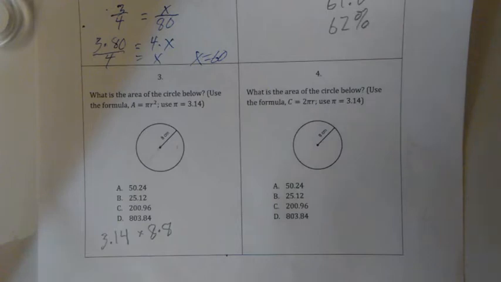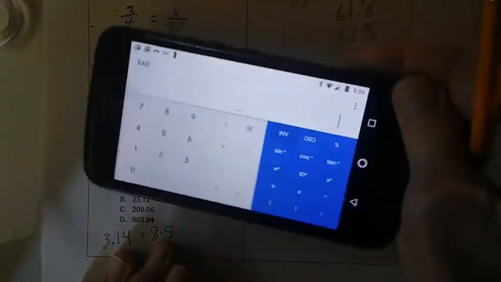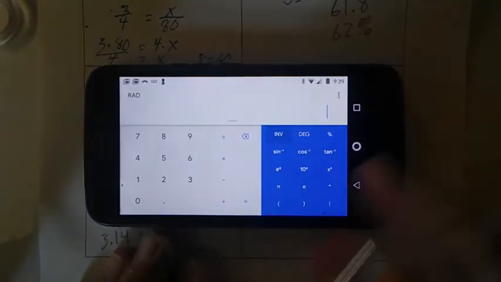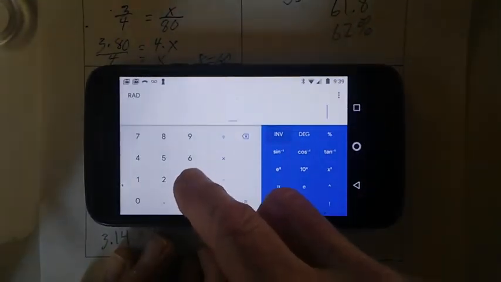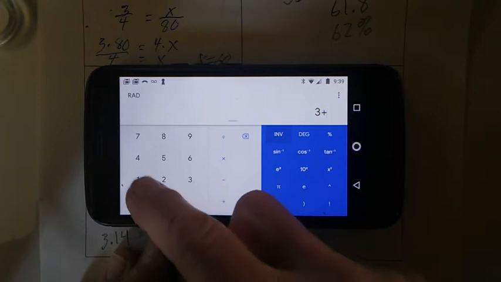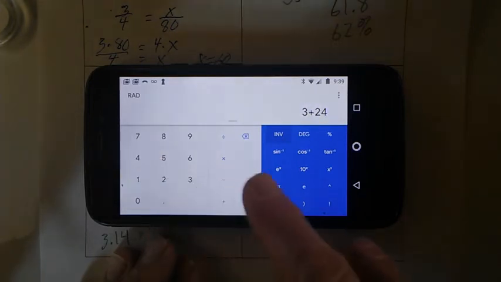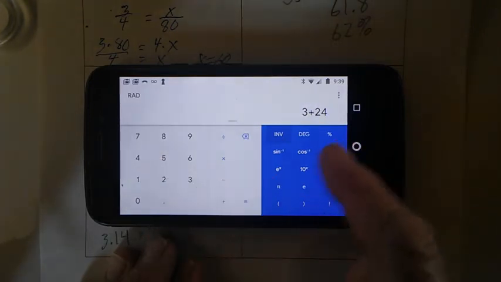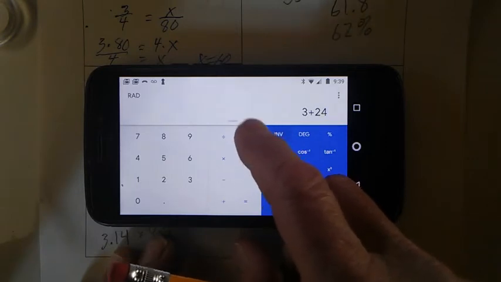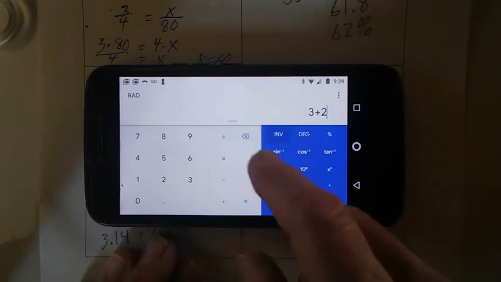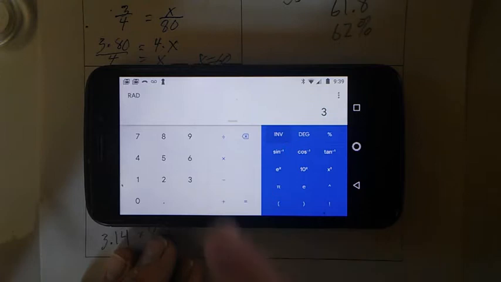Let's see, we're going to clear it. Okay. I'm going to go this way. Okay. 3.14. That's not good, is it? This is plus 3 point.